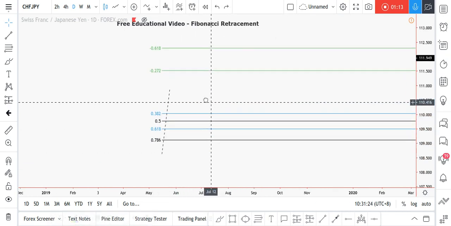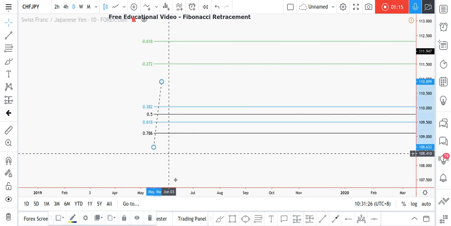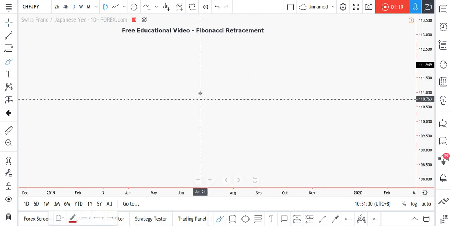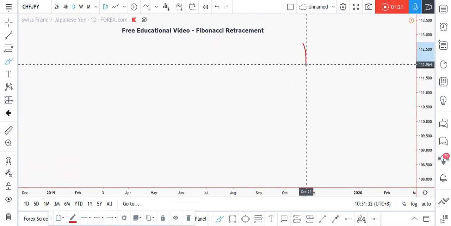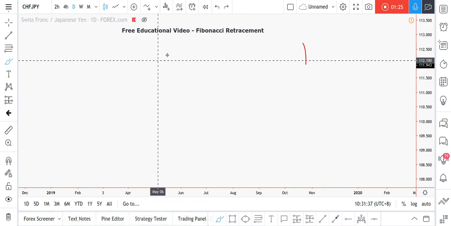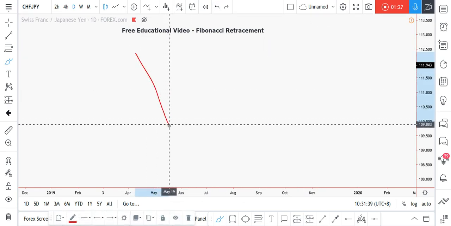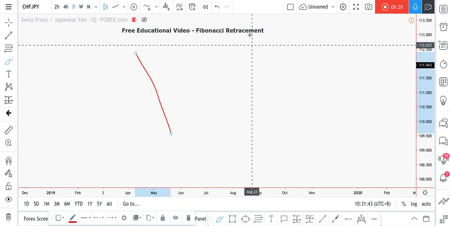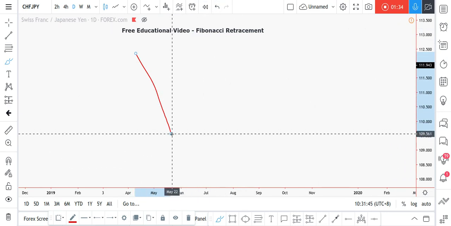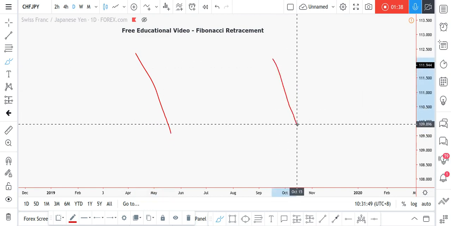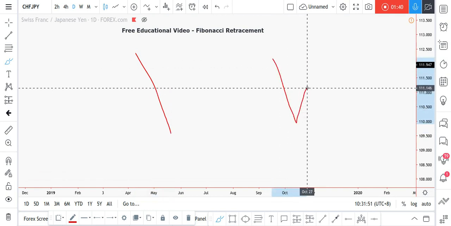So now let me explain to you guys how to use this Fibonacci retracement tool. If we're looking for a sell opportunity and the market has already made an impulse to the downside, we need to wait for the retracement of this impulse, because normally the market makes an impulse to the downside, followed by a retracement.